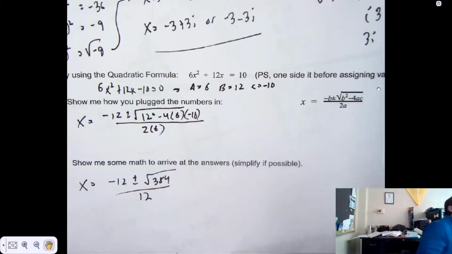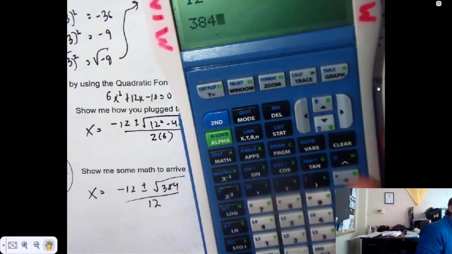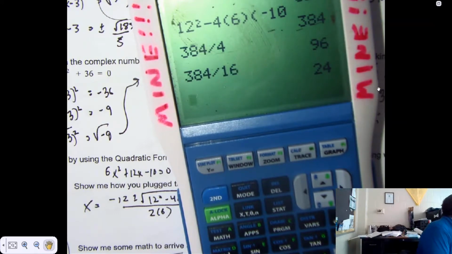It does say that. What's 384 end in? Ends in 4. This might do better than that. What you do is you divide by numbers that you can take square roots of, like 16. I can take the square root of 16. Happens 24 times. I'm going to go bigger. 64 is the one.